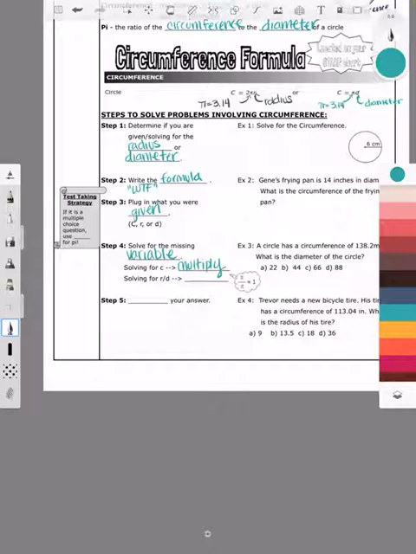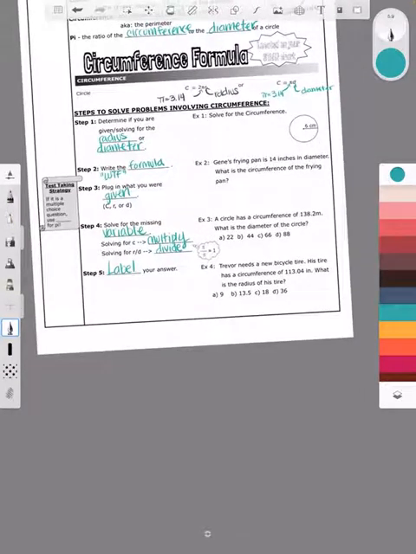And if you're solving for the radius or the diameter, you're going to divide. And then step five, you're going to label your answer. All right, so that's all there is to it. But it's always nice when we get to practice and know exactly what's going on.